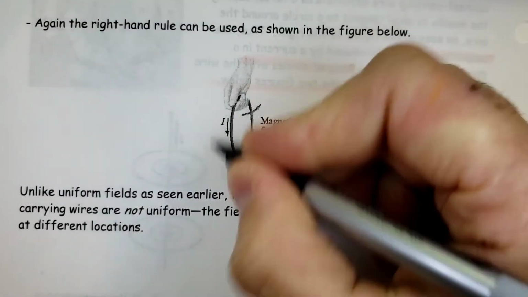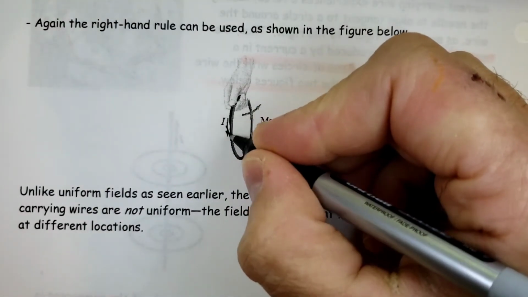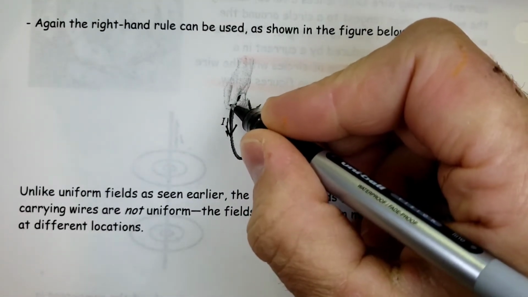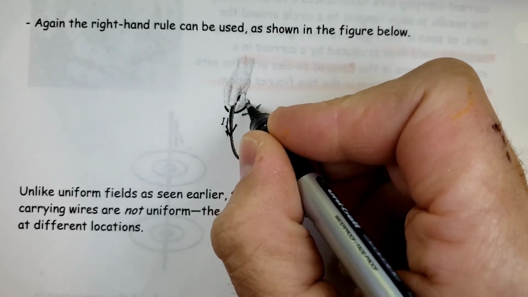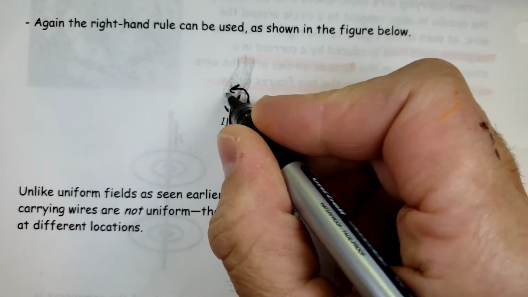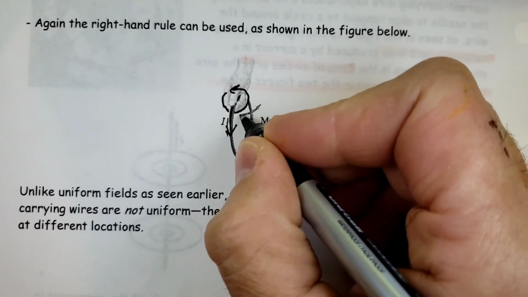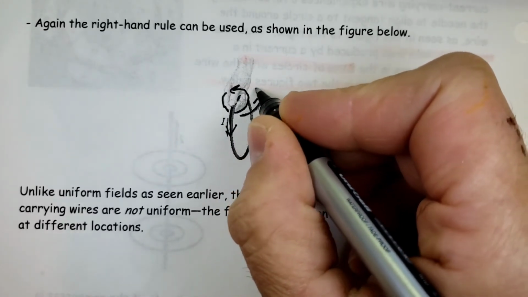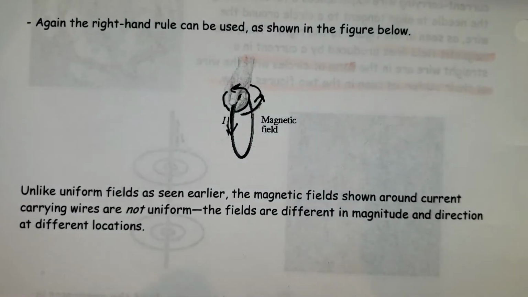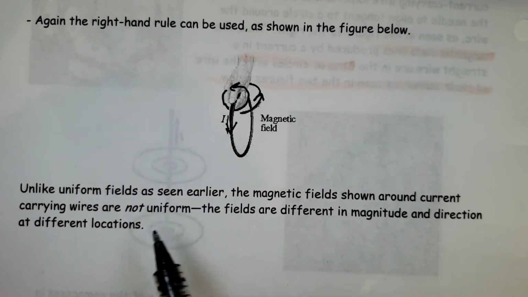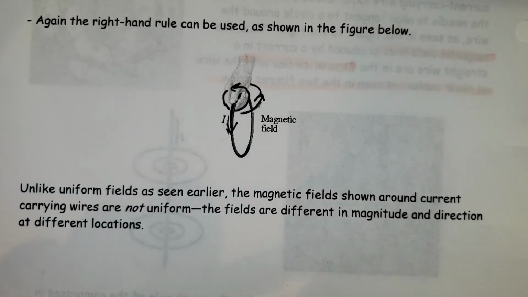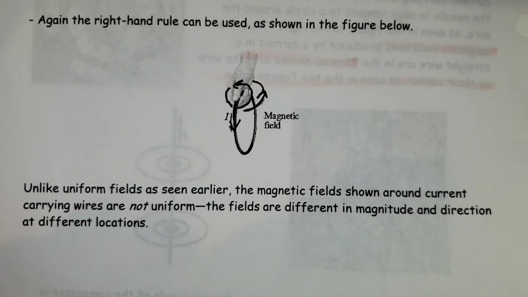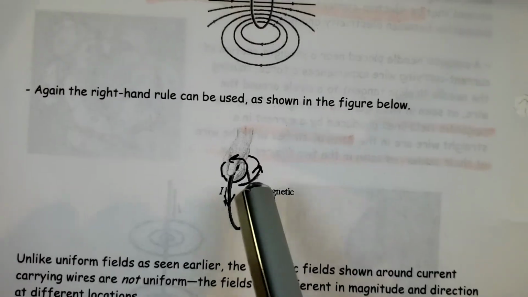If current is flowing in this loop going this way, so your thumb here is pointing that way, we could see the circles that are forming here. Kind of hard to draw, but you would see that it's forming circles like that. Unlike uniform fields as seen earlier, the magnetic fields shown around a current carrying wire are not uniform. Fields are different in magnitude and direction at different locations.